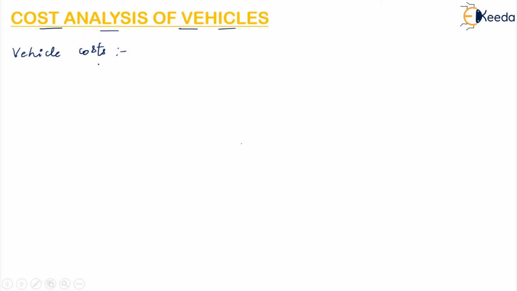So vehicle cost includes direct user expenses to own and use private vehicles. So when a user owns and uses a vehicle, what are the expenses he is bearing? So these come under this vehicle cost.